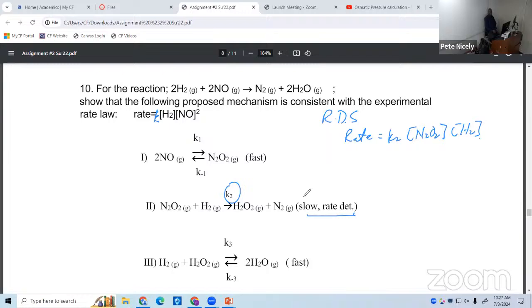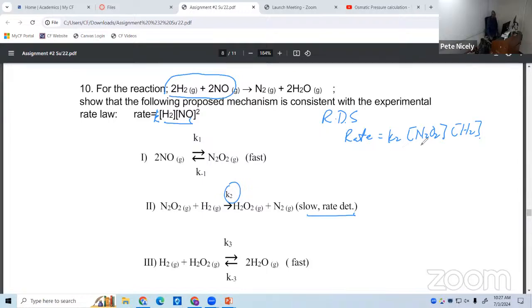So that's the first thing I would write down, right? The rate of the rate determining step is equal to K2 times the concentration of N2O2, times the concentration of H2, all right? Now, here's the thing. The rate law only contains terms for the concentration of the reactants in the overall reaction, right?